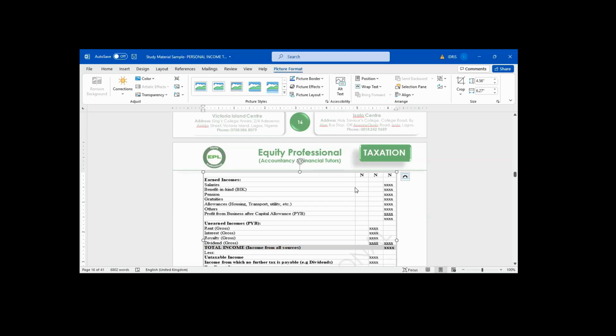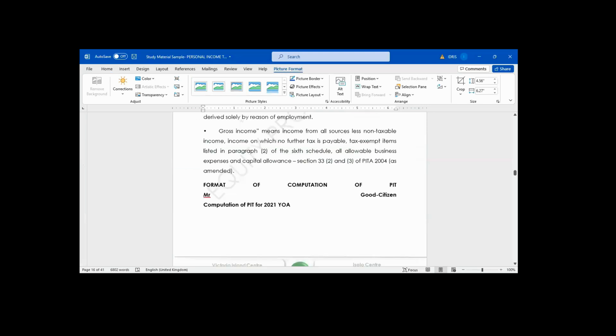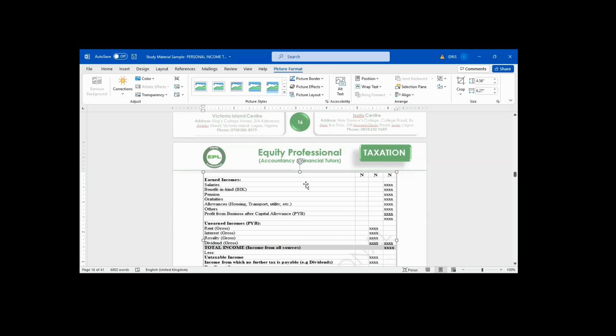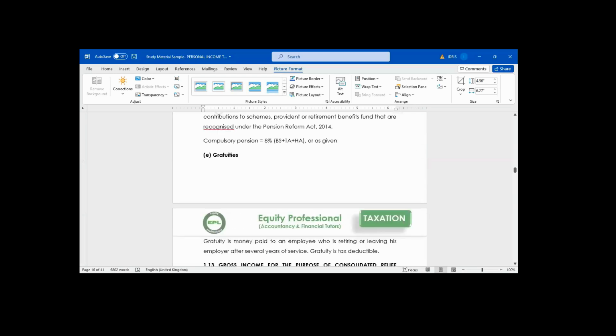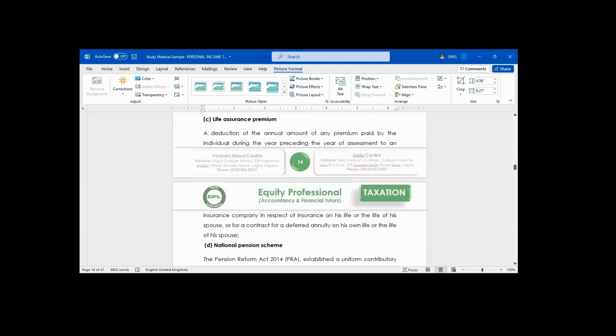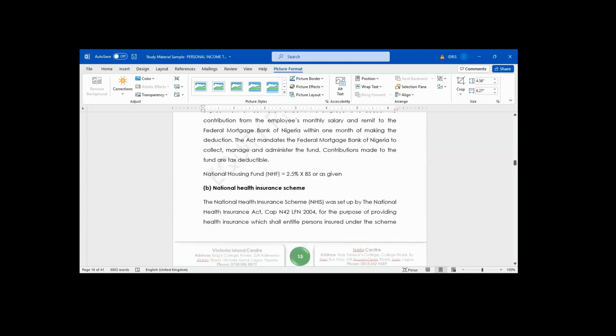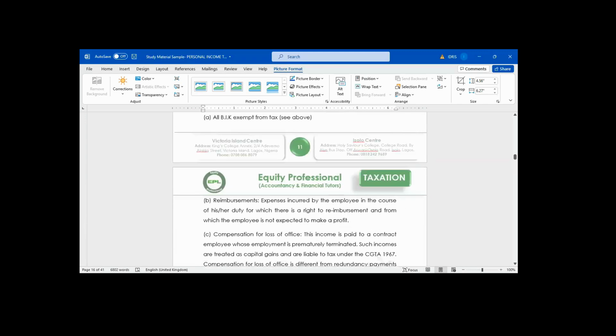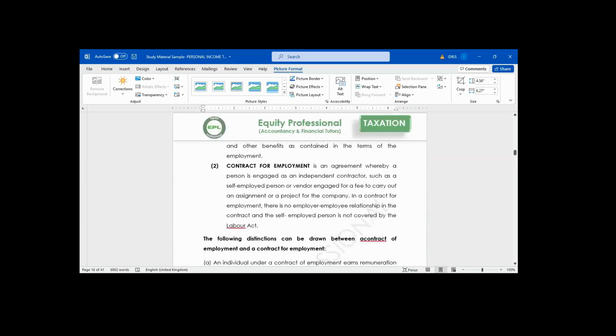So if you want to compute personal income tax, you will have earned income first, and the second one is unearned income. What is unearned income? Unearned income are those income derived from investment activities. Unearned income, they are those income derived from what? Investment activities. What are the examples of unearned income?